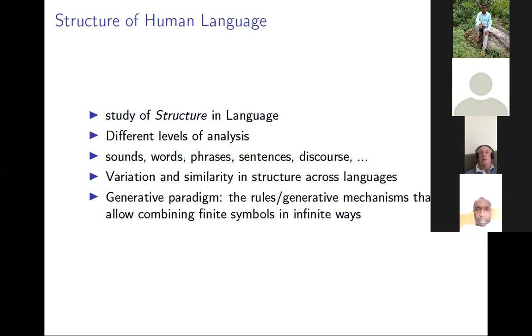It has multiple layers of structure. You have sounds, which are the building blocks of words, and words, which are the building blocks of phrases, and phrases are the building blocks of sentences, and sentences are the building blocks of discourse, dialogue, etc. So you have structure at every level.